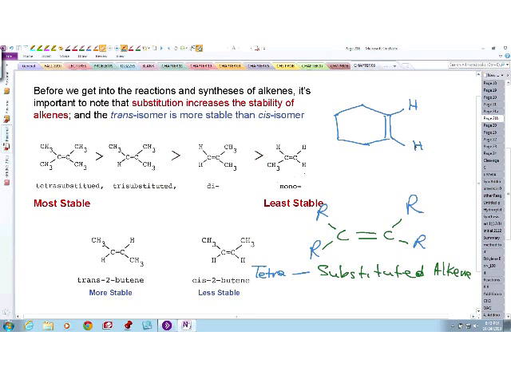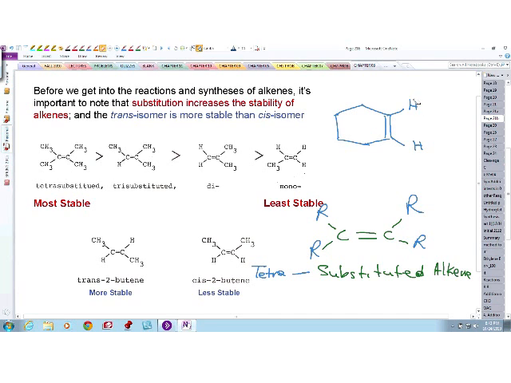What kind of alkene would that be in terms of substitution? Any idea? Di, exactly. That would be a di-substituted alkene. Okay? So that becomes a di-substituted alkene.